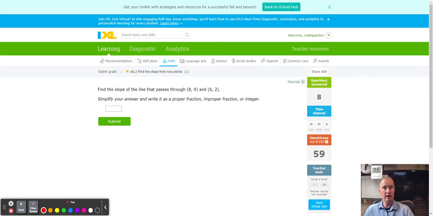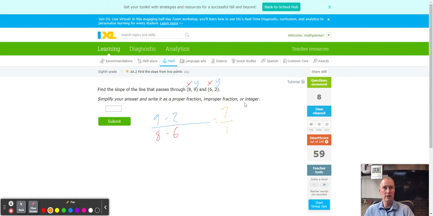All right, we have our x values of 8 and 6, and our y values of 9 and 2. So in our numerator, we have 9 minus 2, and in our denominator, we have 8 minus 6. And two whole numbers that I like, which are both positive. 9 minus 2 is 7 over 8 minus 6 is 1.